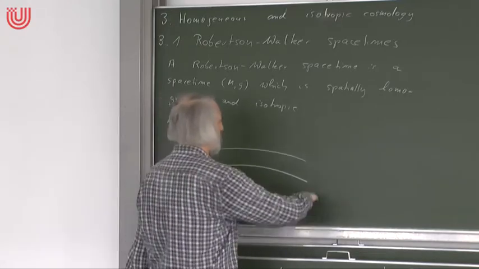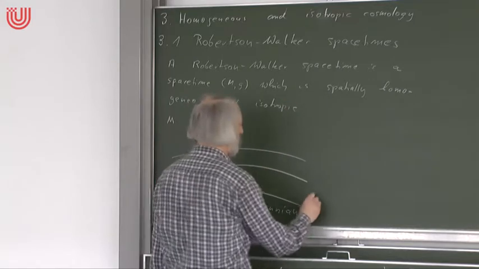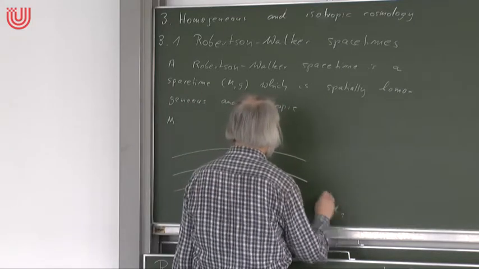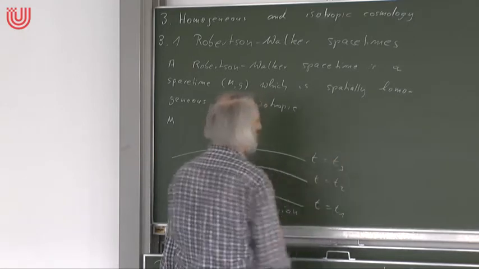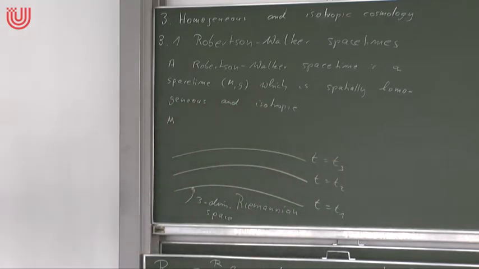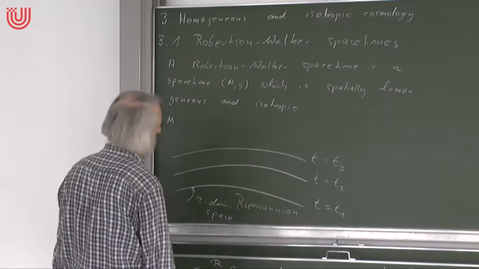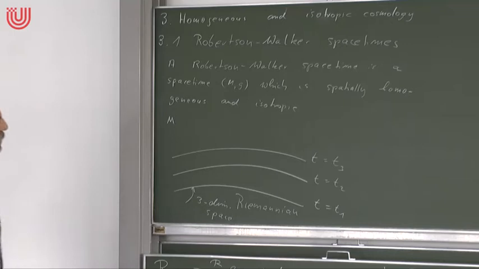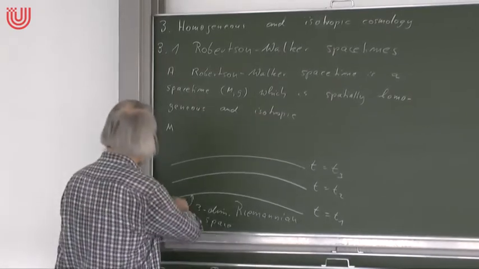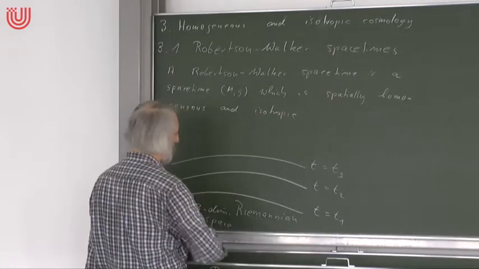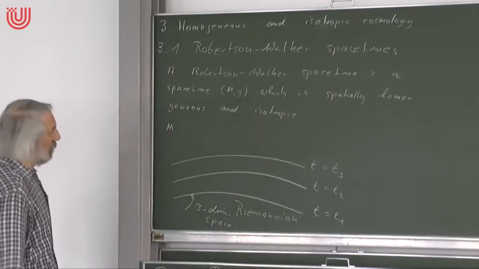And of course, now I have a one-parameter family of these surfaces, so that can be labeled by some time parameter, t1, t2, t3, and I will have such a space for each time. And of course, the whole thing may change in time. It's a dynamical space-time. But at each particular time, I have a space, that's the assumption, which is homogeneous and isotropic.